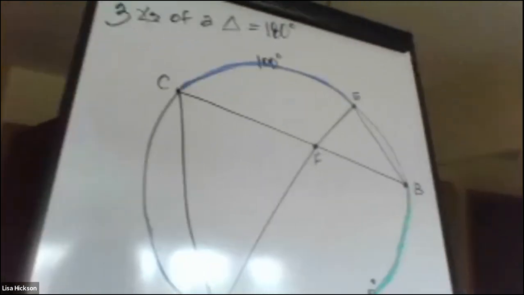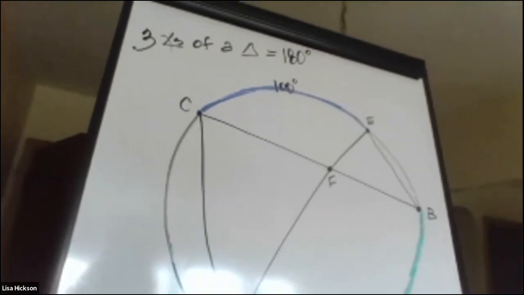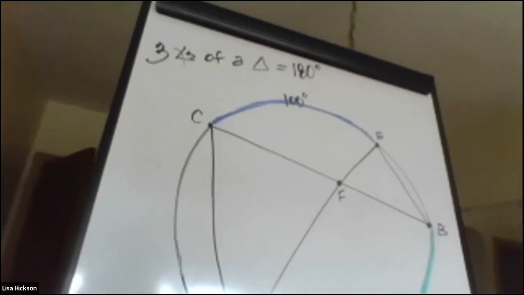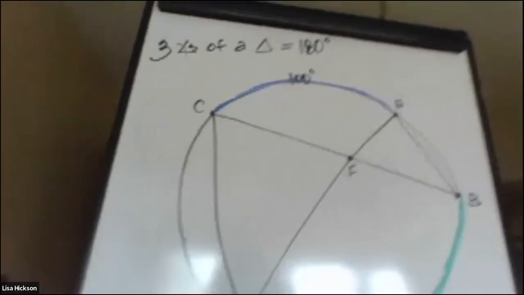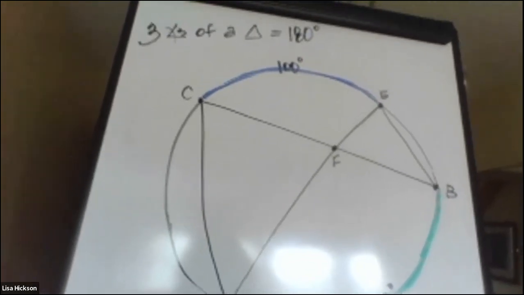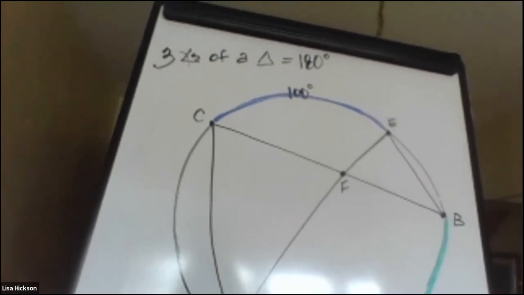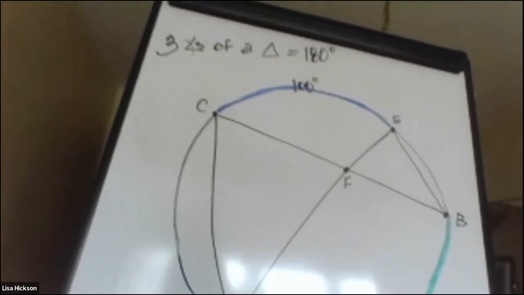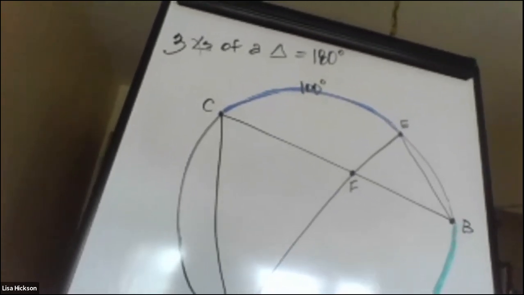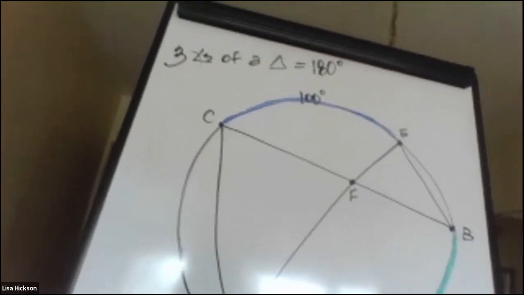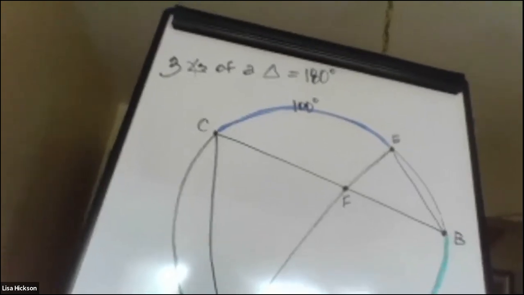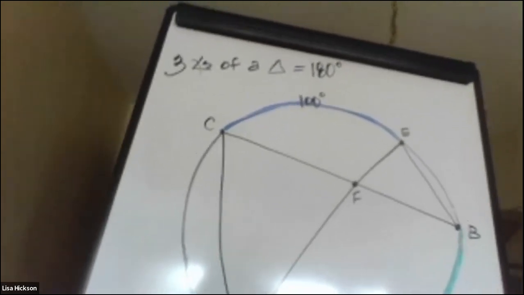And since nobody responded, I then went a little step further and said, is an inscribed angle's vertex on the circle or in the circle? So that's where we're at. So you could do either or. You can answer the first question, name an inscribed angle related to the arc from C to E, or you can answer the question, is the vertex of an inscribed angle on the circle or in the circle? Because each would help the other.